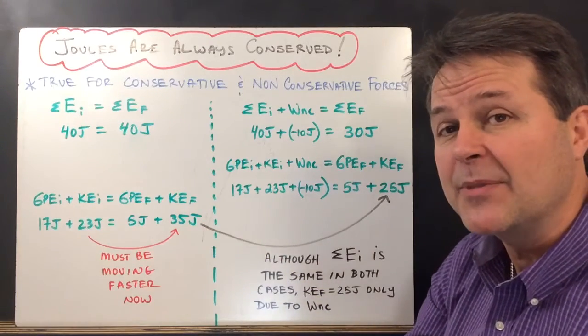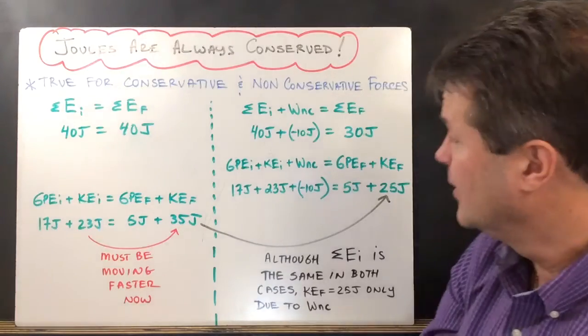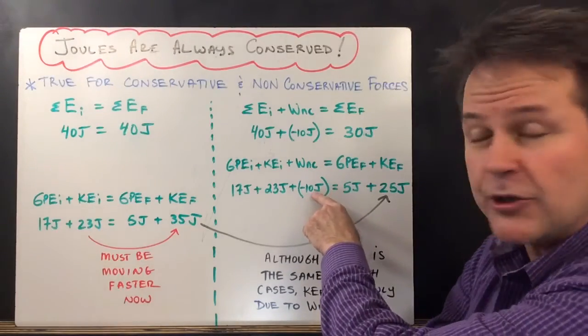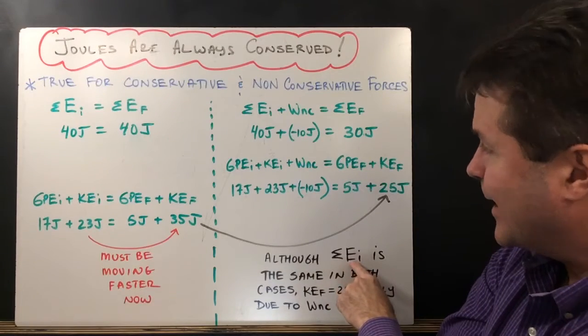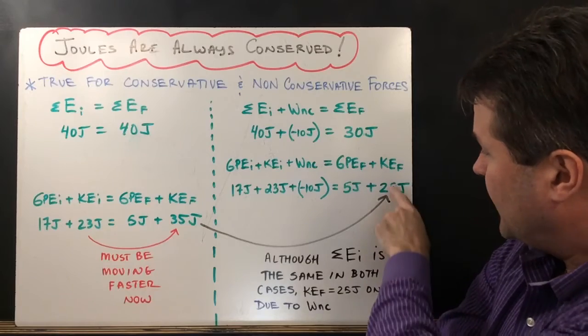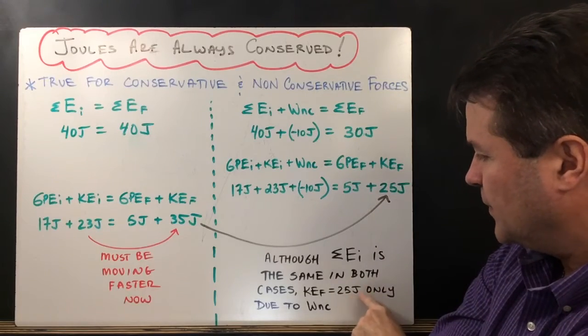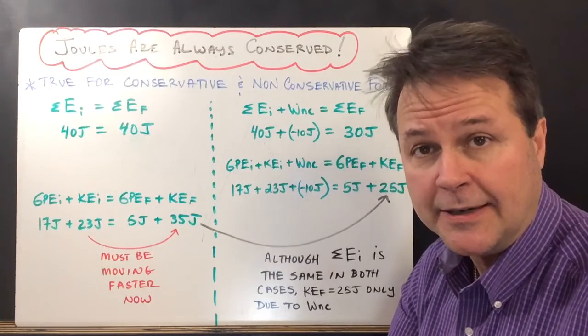And that's because some of the energy was given up, never to be retrieved again. It was given up to friction. So although the sum of the initial energy, 40, is the same in both cases, the final kinetic energy is only 25 due to the non-conservative work being done on the object.